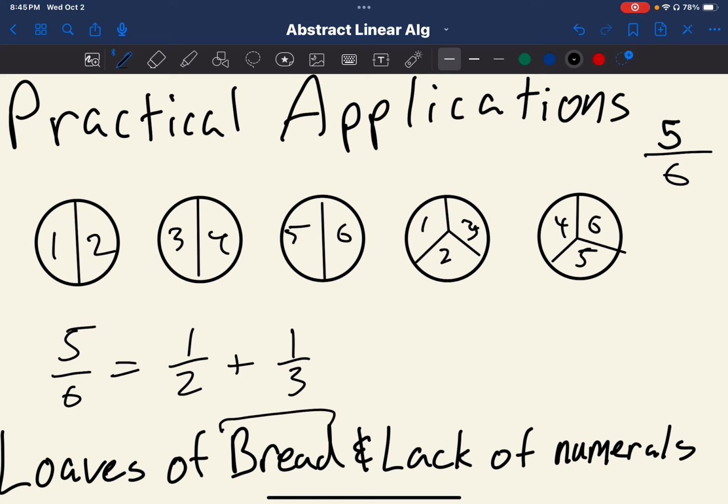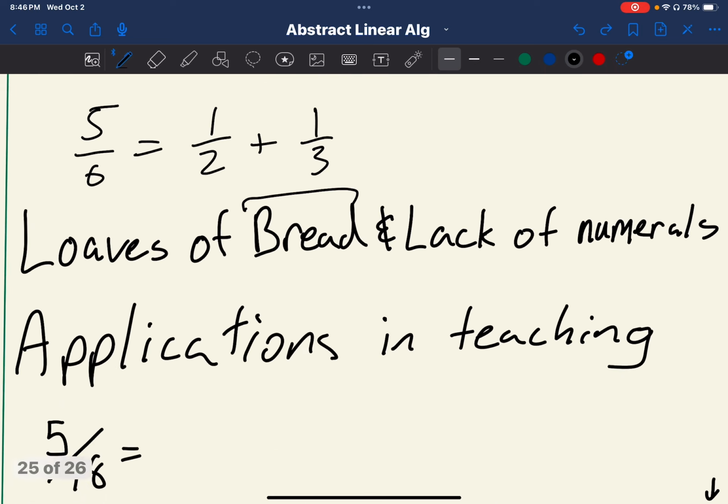Down here, I have loaves of bread because obviously they didn't have cakes, but they did in the Rhind Papyrus describe loaves of bread, which were often quite brittle and chalky, and so dividing a loaf of bread into 6 pieces was kind of unreasonable. Plus, they had a lack of numerals, so it was really nice to be able to keep 1 as the numerator, though I guess they didn't have the term numerators back then.